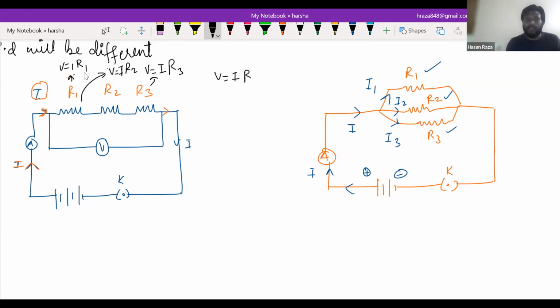You can see IR1: I is the same, but R1, R2, R3 are different. That's why the voltage will be different for each resistance in series, but in parallel resistances, the potential difference will be equal. Just write it and then I will again explain it.